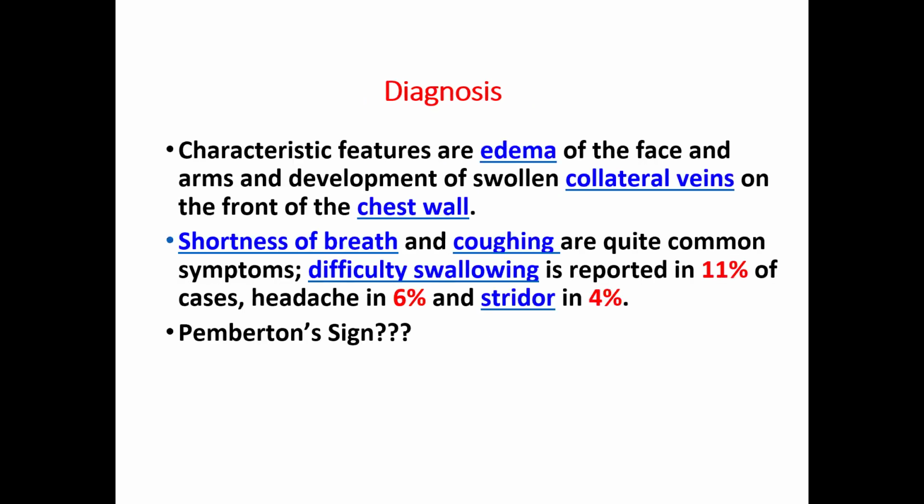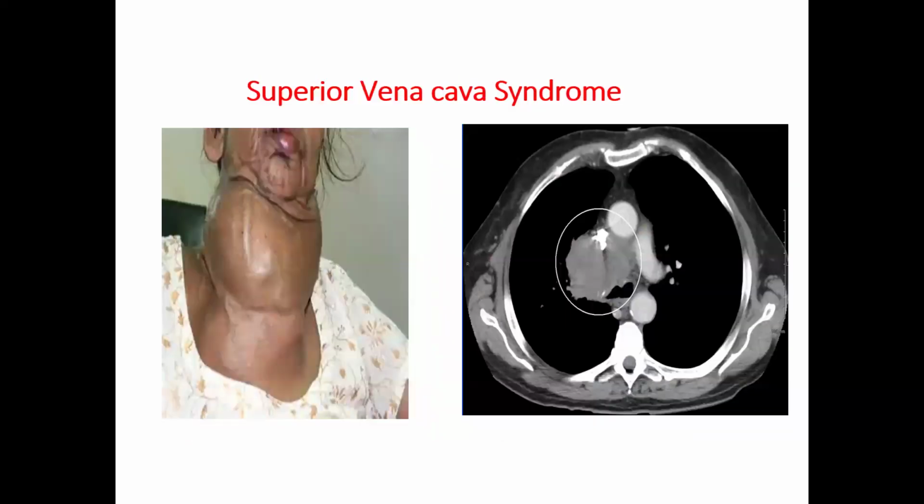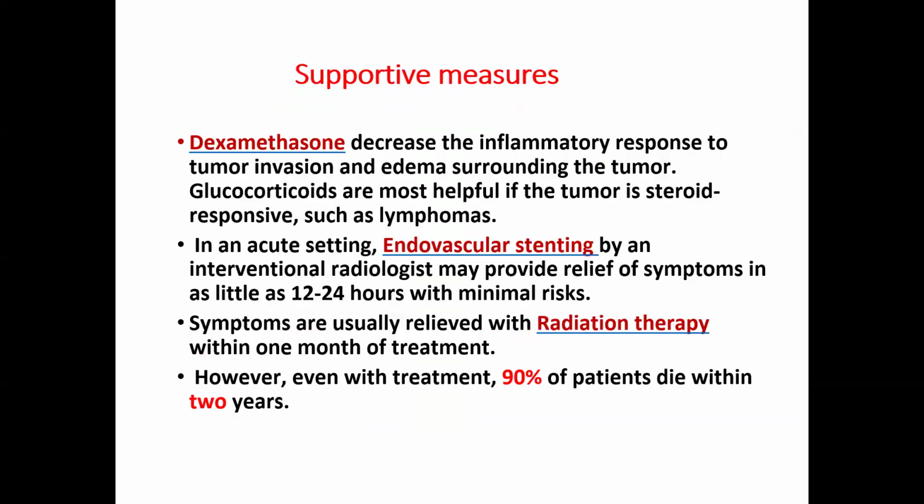Okay, so how do we diagnose clinically? Edema of the face, collateral veins of the chest wall, shortness of breath, coughing, difficulty swallowing, stridor, and headache. Pemberton sign. This is Pemberton sign. The patient raises up his arm, his head starts to turn red here. Okay, this is an example of superior vena cava syndrome.